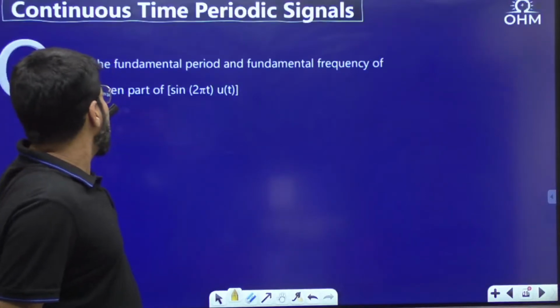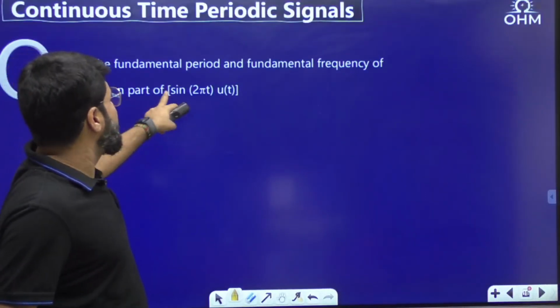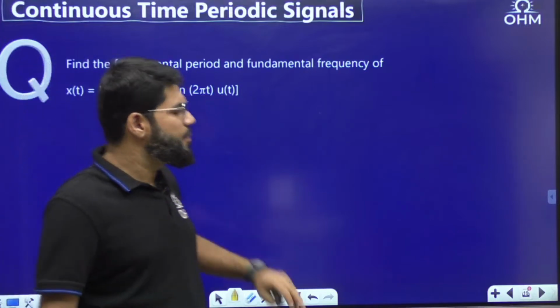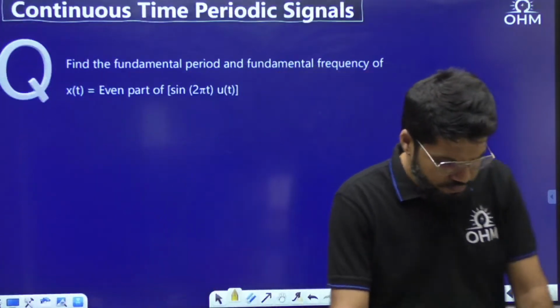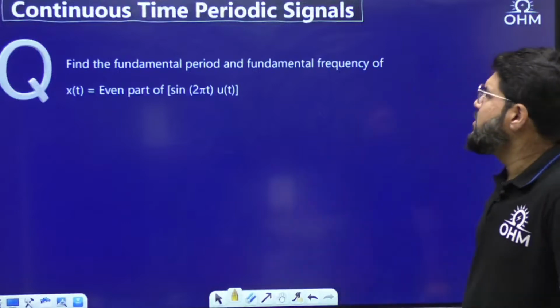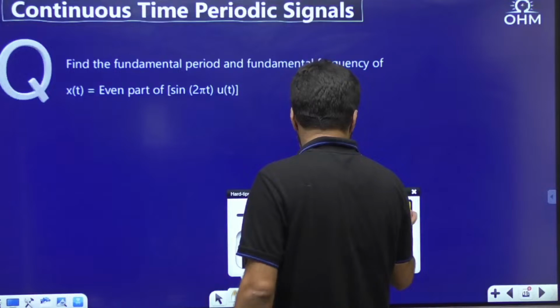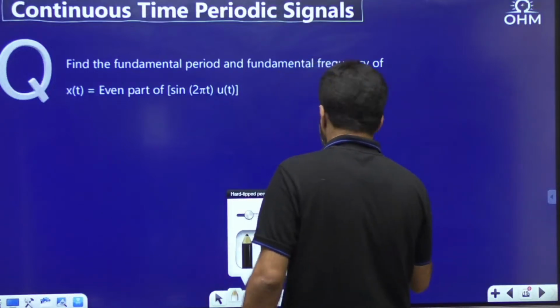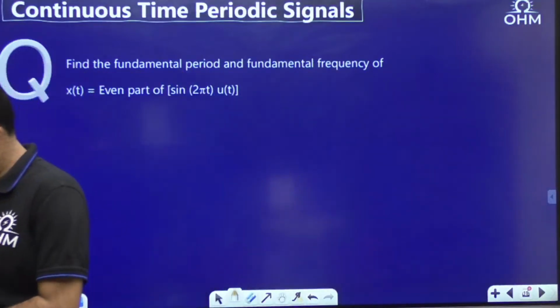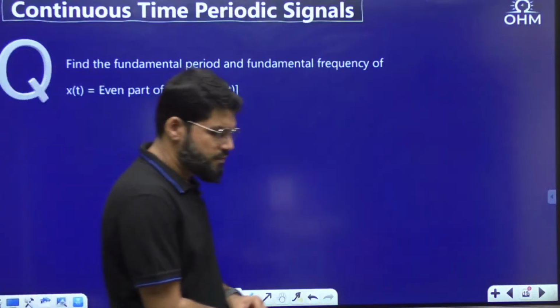Now similarly, if there is a signal, the even part of sin 2 pi t u(t), what is the fundamental period and the frequency? Let's check that out. Let us see the even part of sin 2 pi t u(t).